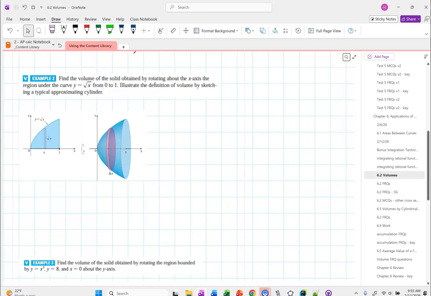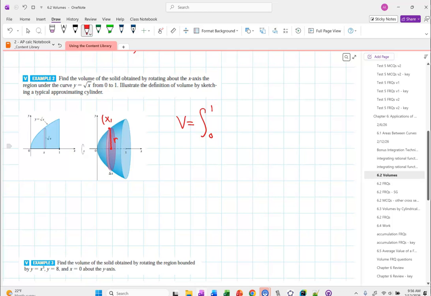So again, we're going to start slicing at 0 and finish slicing at 1. So I know I have that much, right? We've drawn in one of these cross sections. That's like the radius of that cross-sectional disk.